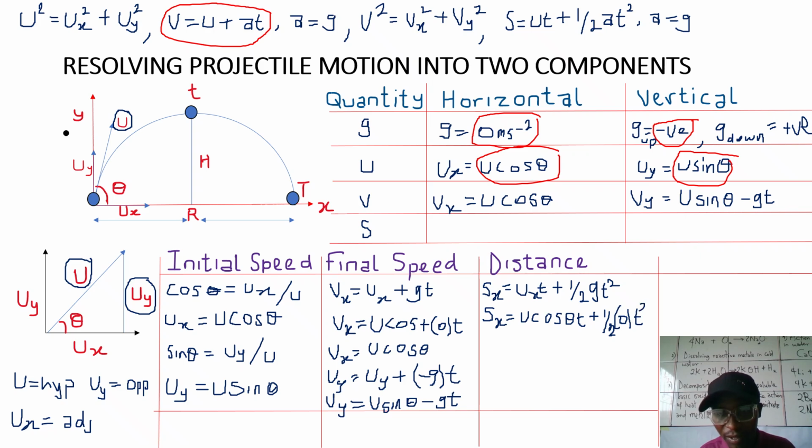Then that will make everything we have here to become 0. And finally, our total distance along the horizontal axis Sx equals U cos theta t.